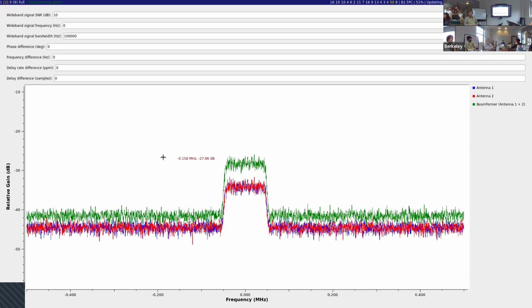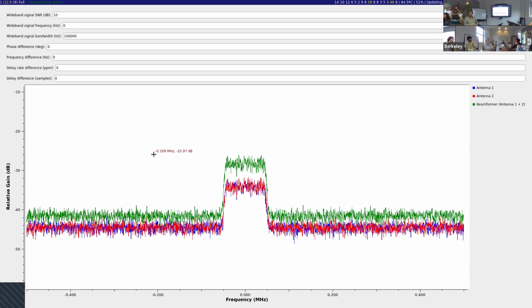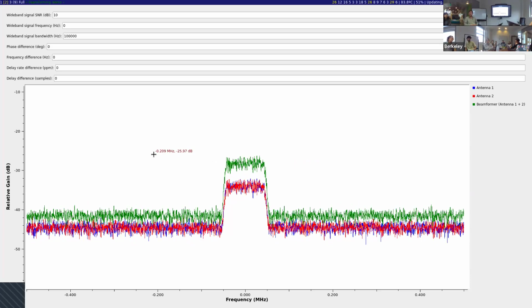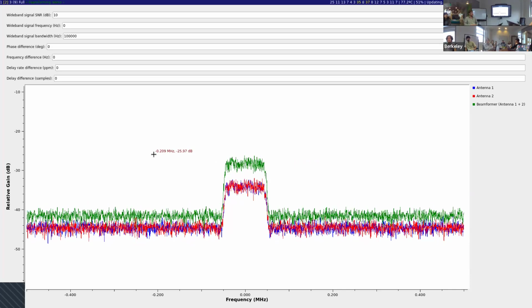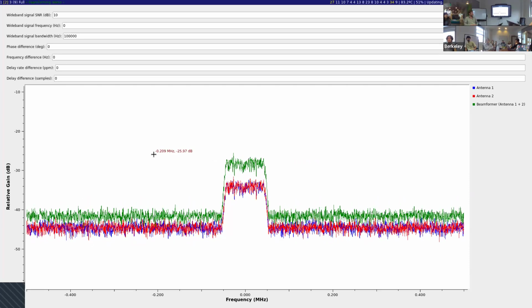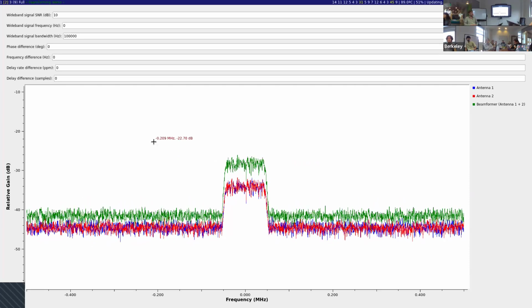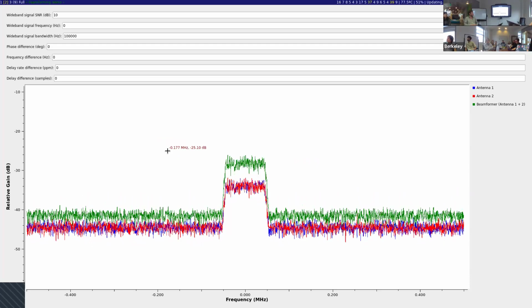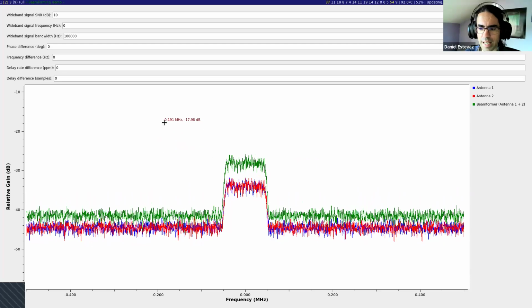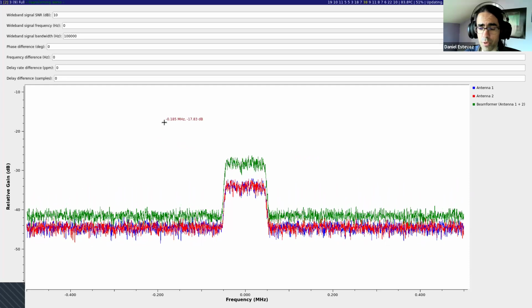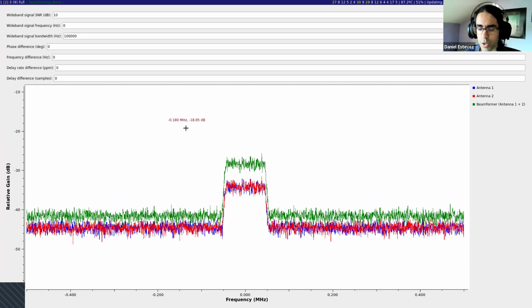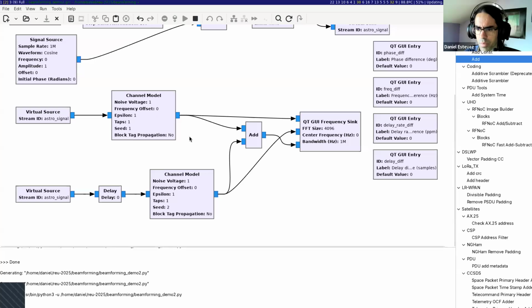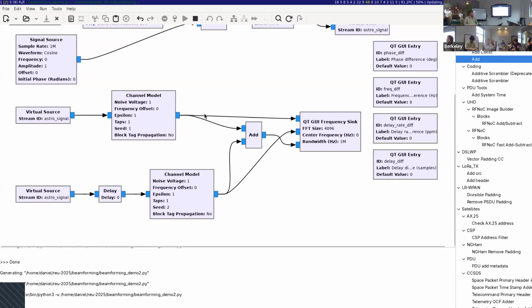So have we been just going over incoherent beamforming, where there's no phase delay? Well, we have one of them. It's delay 0. This is coherent beamforming, yes. I haven't spoken about incoherent beamforming. Incoherent beamforming would be about summing powers, so we would need to convert these to power somehow.